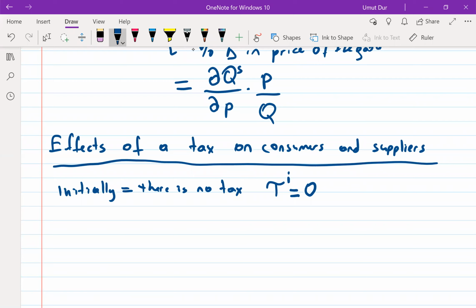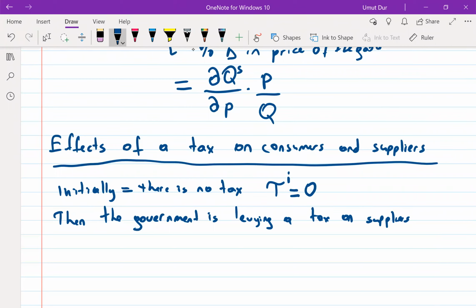Okay, so let's turn back to our topic. Suppose that there is no tax initially, and then the government is levying a tax on suppliers, on sellers.